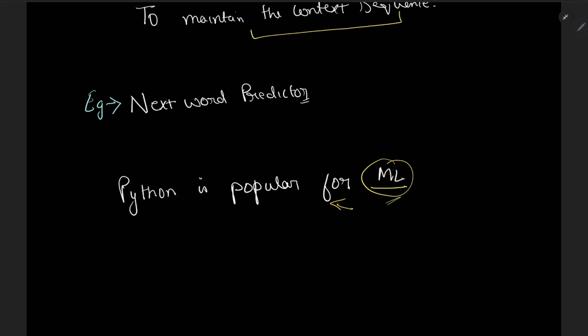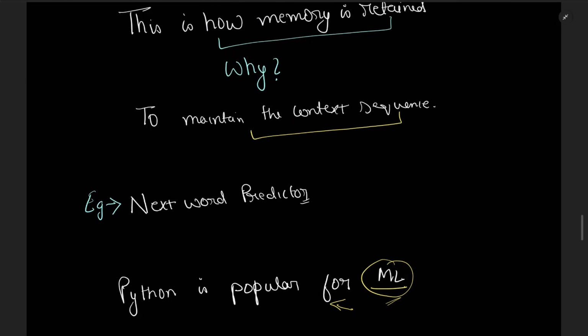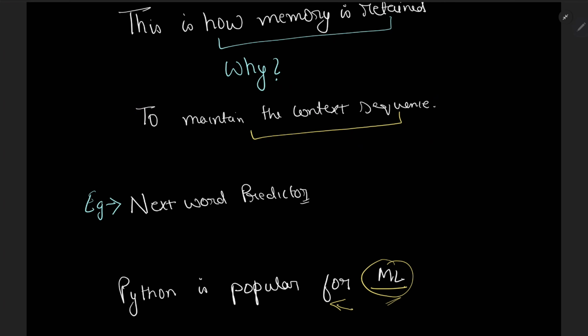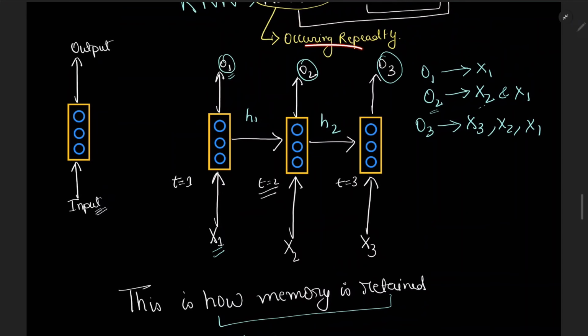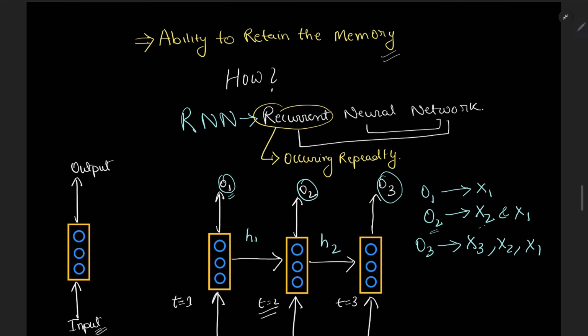This is the reason why we need to maintain the context of the sequence to generate a contextually correct word in our sequence. This is the reason why we need RNN for sequential data, because it has the ability to retain the memory along the sequence.